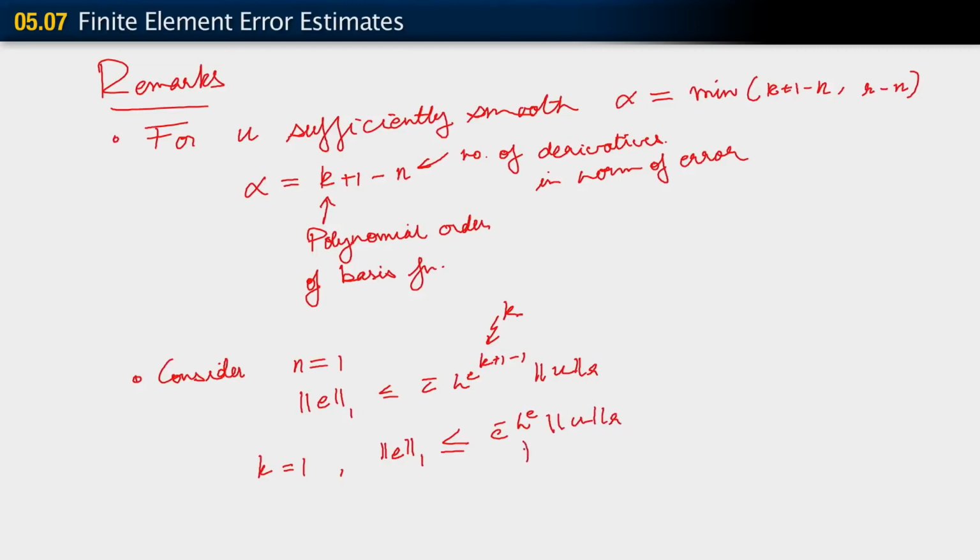So indeed, as we refine our mesh, HE goes to 0. As HE tends to 0, the 1 norm of the error will also tend towards 0. Okay? But note now that if we were to go to higher polynomials, the same 1 norm of the error would now converge at a higher rate.